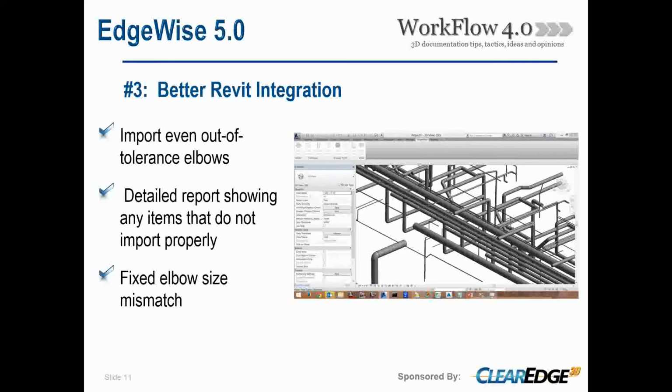About 1 or 2 out of 1,000 still get dropped, and we have detailed reporting now that shows exactly where that happens. So egregiously weird geometries still may not come in, but we report where those failures are. And then finally, if you've ever noticed a slight mismatch between elbow sizes and the adjacent pipes, that's been addressed as well.